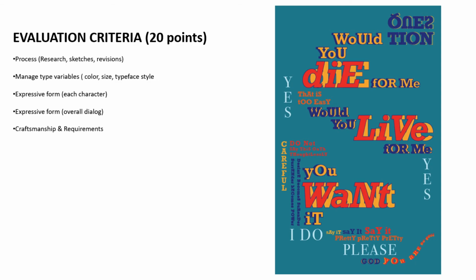So I'll be looking at your process sheets and I'm going to be like, oh okay, this person did try 10 different color palettes. This person was thinking about the size of the text in various ways. And then these are a little bit more abstract, but your expressive form for each character. If your character is a very straight-laced person who loves the rules, like Squidward from SpongeBob, Squidward is going to look a lot different.